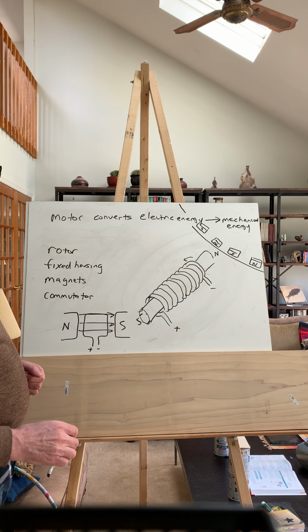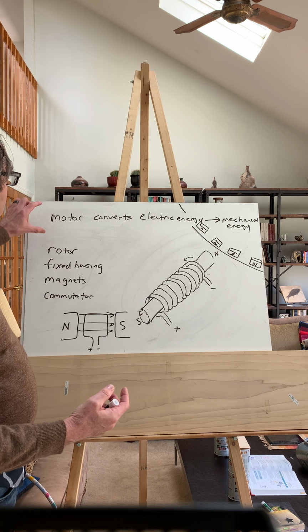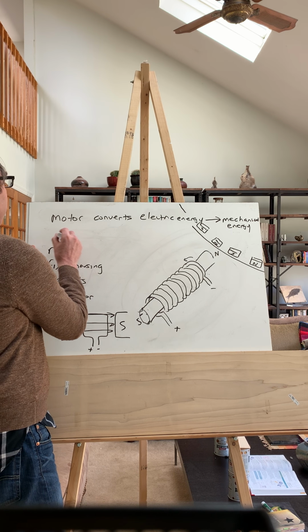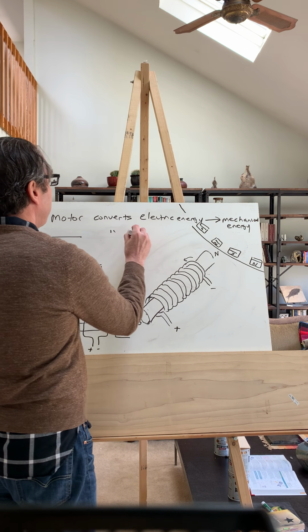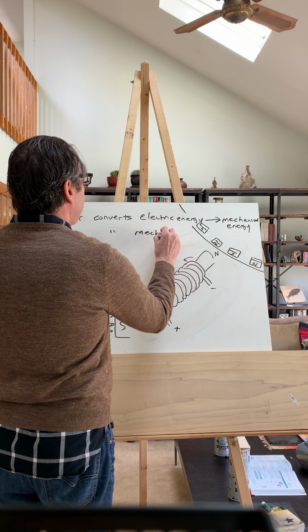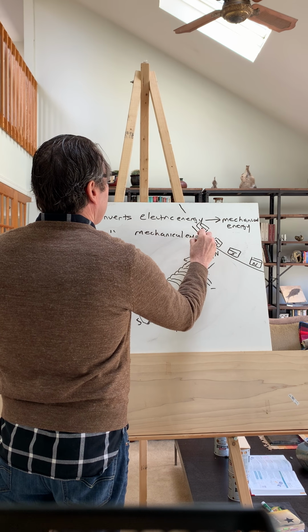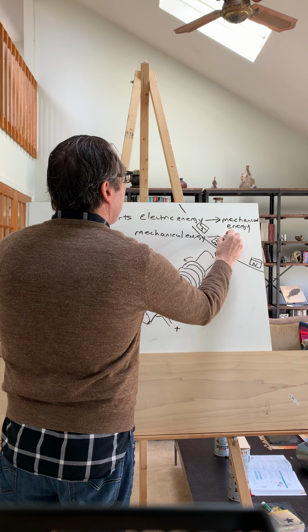So that's how the motor works, but by symmetry, we would expect if we have a device that converts electrical energy to mechanical, we would expect there to be a device that converts mechanical energy to electricity.